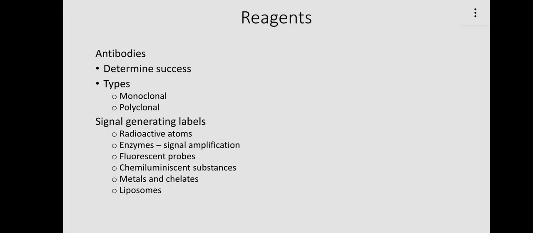And these disadvantages therefore led to the development of the other types of labels that could be used to detect these changes. By far, the most common type of label used is the enzyme for the pharmaceutical compounds.